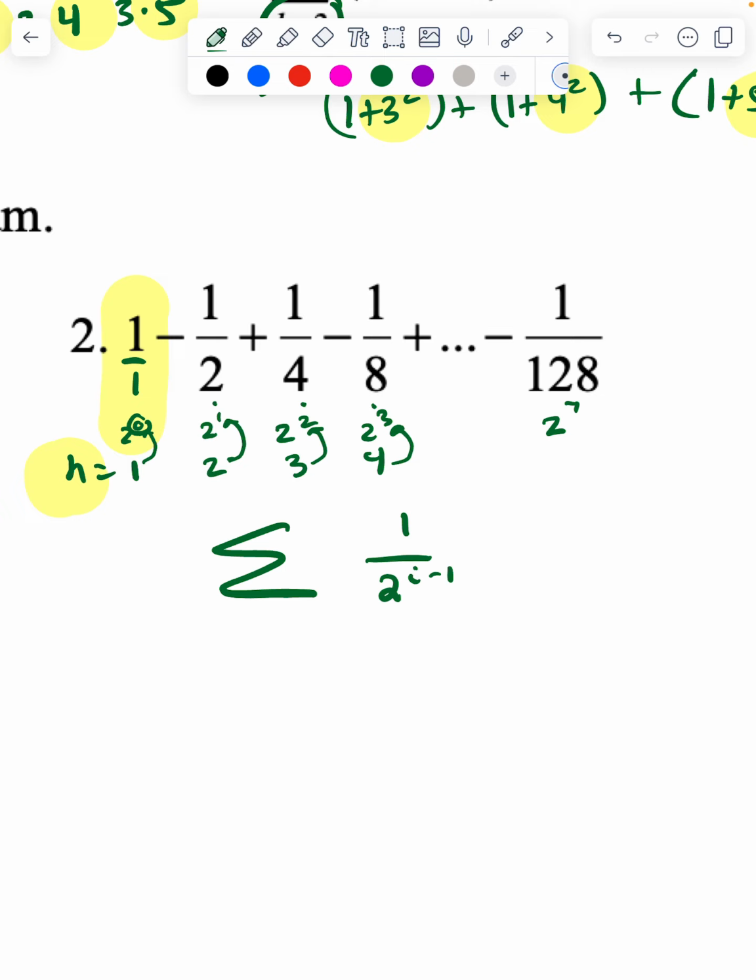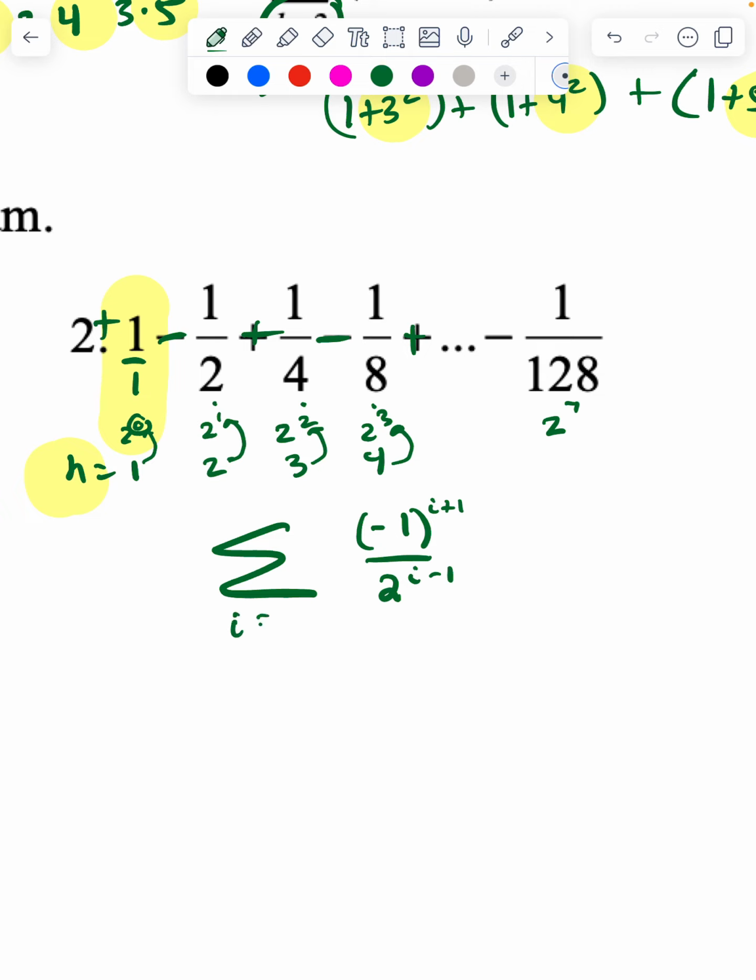Also, I see that they're going plus, minus, and so on. Okay, well, we've done that before. The way to do that is to take -1, and since it starts positive, this is directly from my notes yesterday, my power is going to be i plus 1. The only reason I'm not using an n is that they are using the i in the sigma notation. Doesn't matter. They could be all n's, all k's, but as long as I started with i, I've got to stick with it.